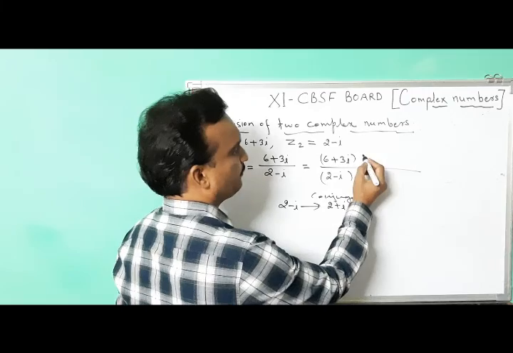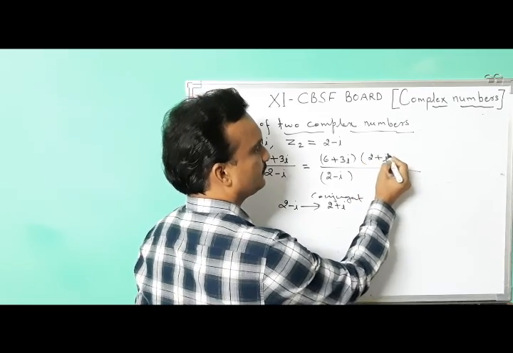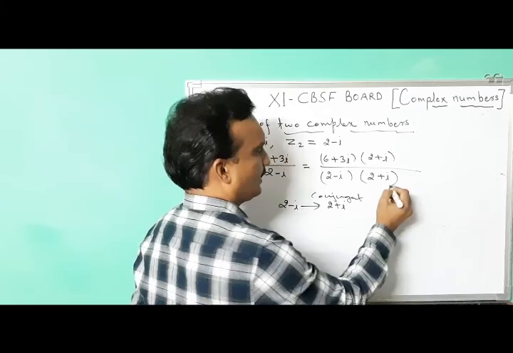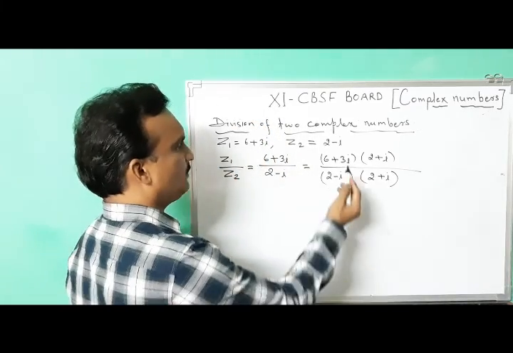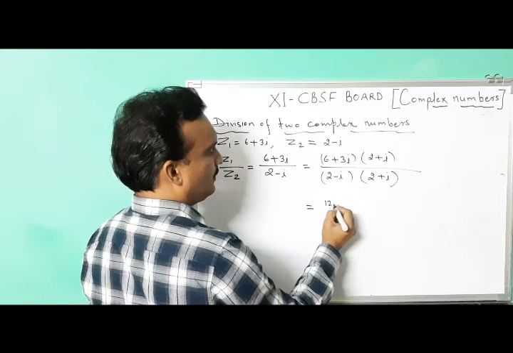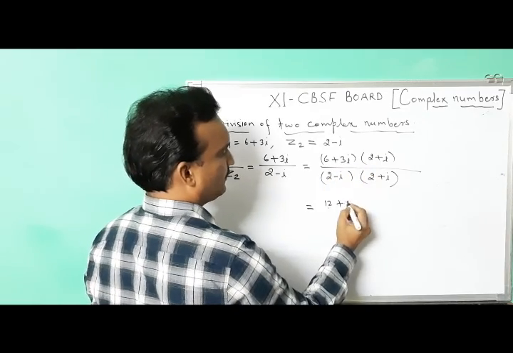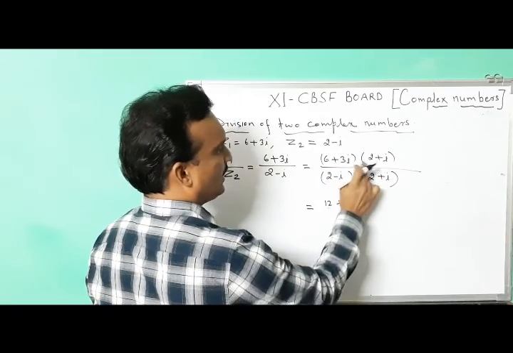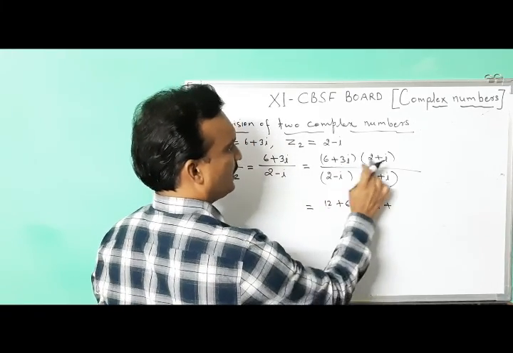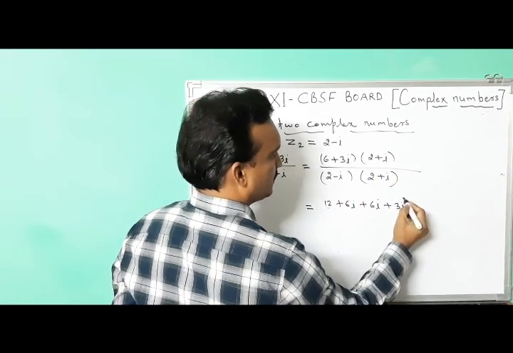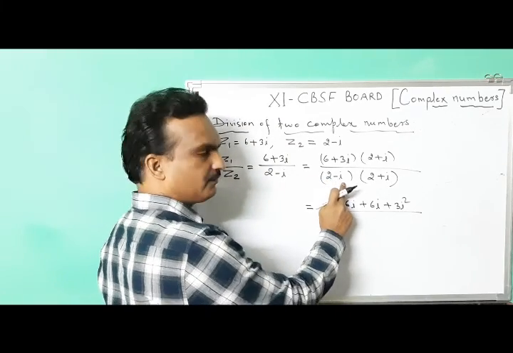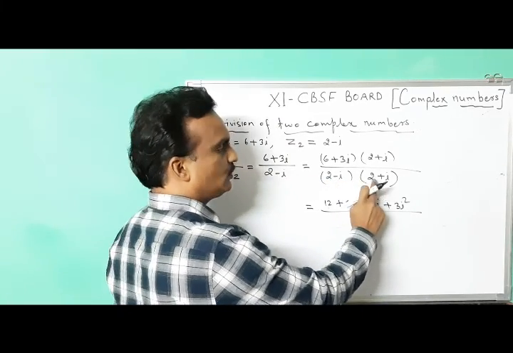So let us multiply by 2 plus i upon 2 plus i. Okay, just multiply these two numbers. 6 into 2, 12 plus 6i. 3i into 2 will give you 6i plus 3i into i will give you 3i square upon, here 2 minus i, and in the second bracket you have 2 plus i.